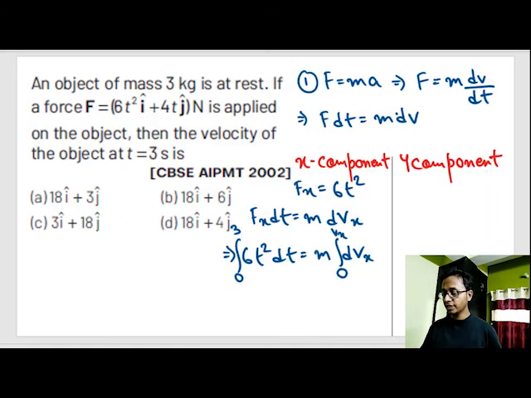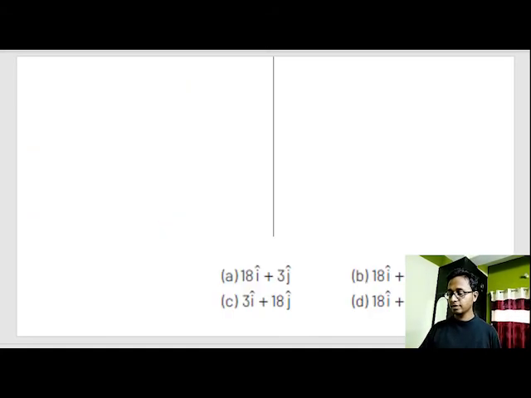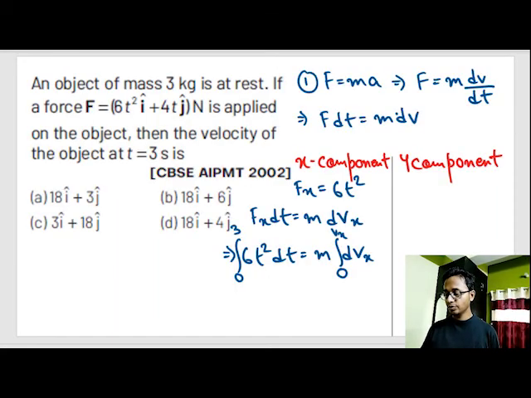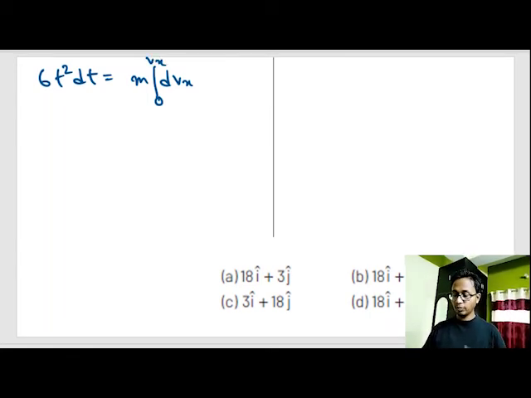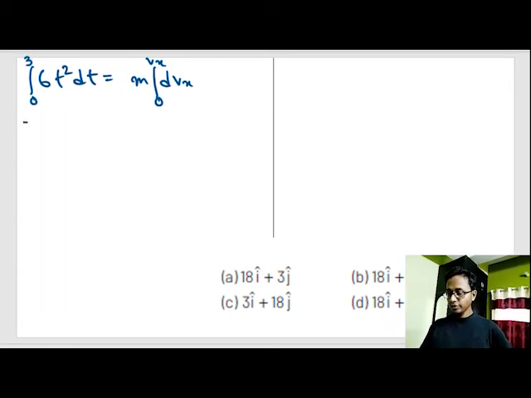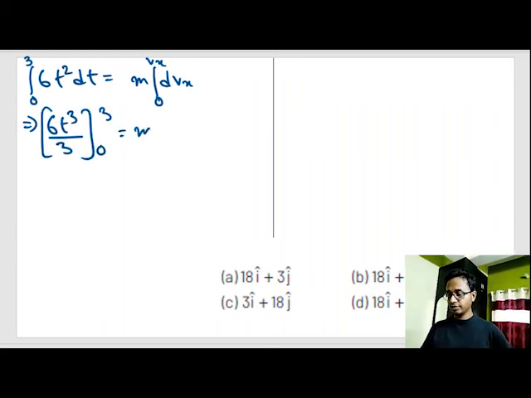So what is the equation? 6t square dt is equals to m dvx, with limits from 0 to the final velocity component in x axis, and from time 0 to time 3. That is 6t cube by 3 from 0 to 3 is equals to m vx from 0 to final velocity.